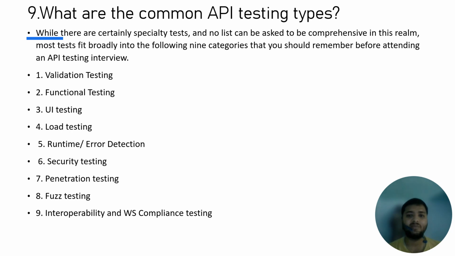What are the common API testing types? While no list can be completely comprehensive, most tests fit broadly into the following nine categories that you should remember before attending an API interview.